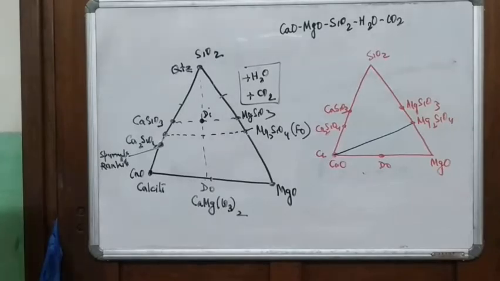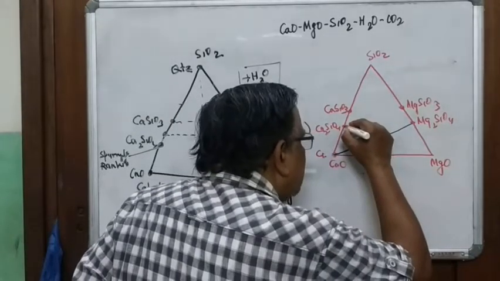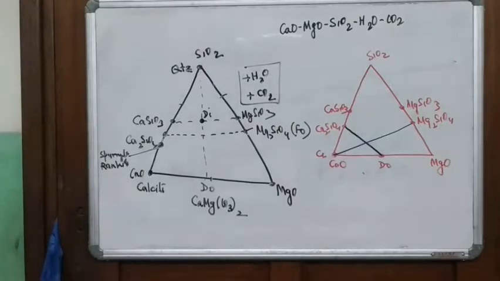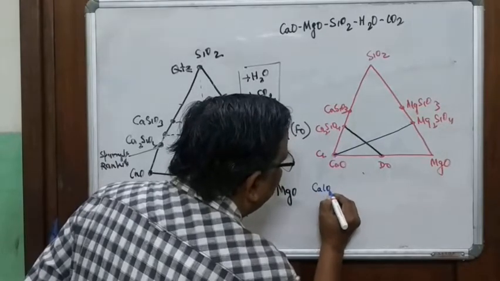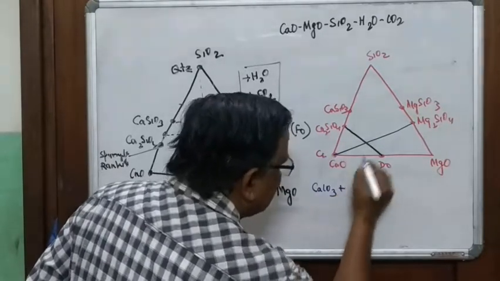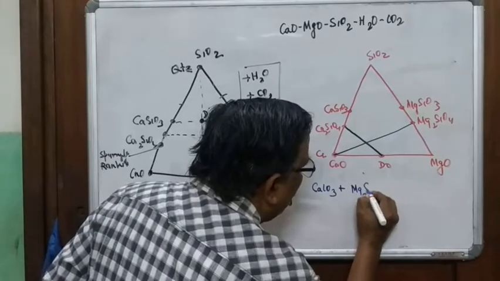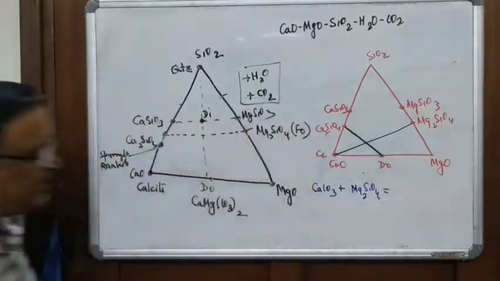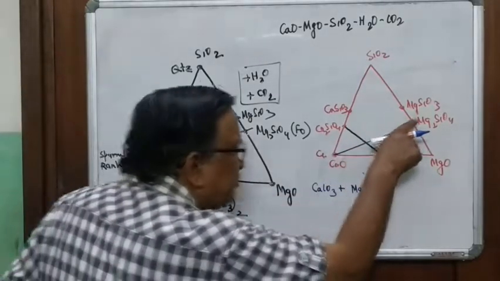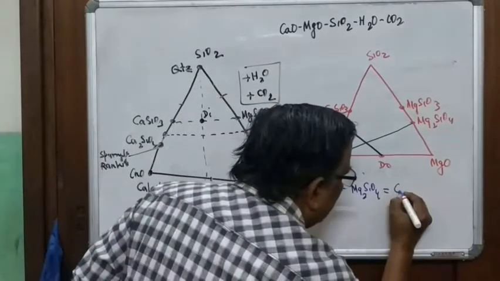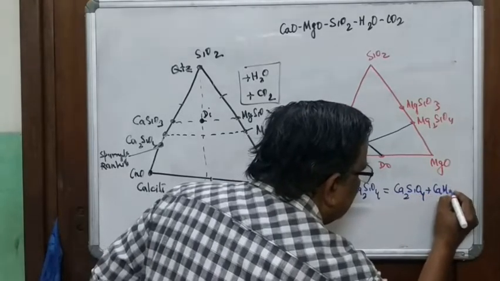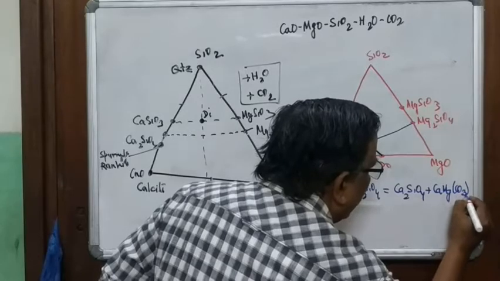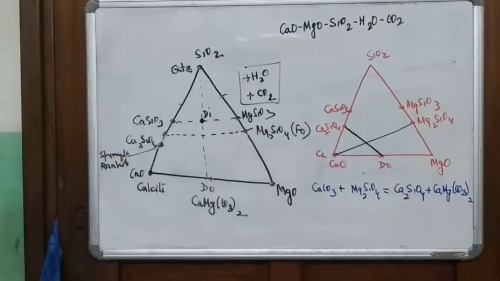But you can see I can write this also. So I can have a reaction: CaCO3, calcite, plus Mg2SiO4. This can give you Ca2SiO4 plus CaMg(CO3)2. And this can be balanced.